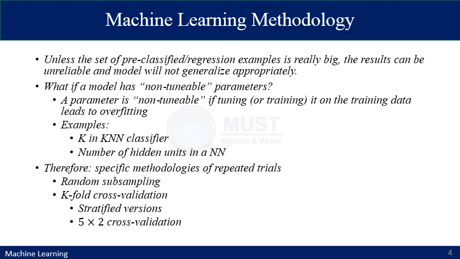There are various techniques to use these trial techniques. A common strategy is to implement the stratified versions of any of the techniques, or you can use 5 cross 2 cross validation.